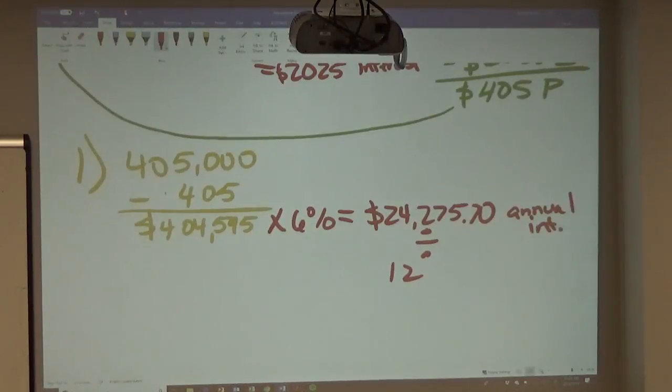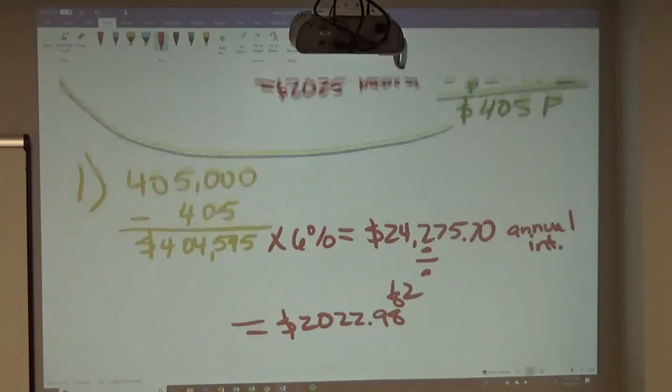That gives us monthly interest of $2,022.98. Here's what we know about the payment in month number 2.